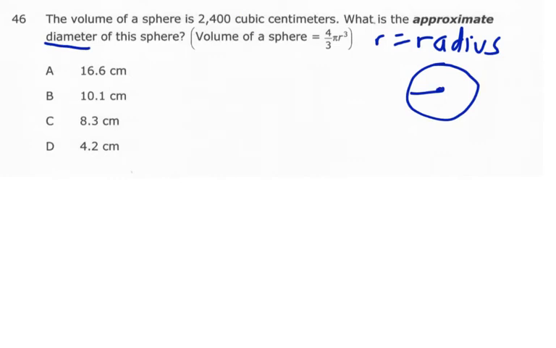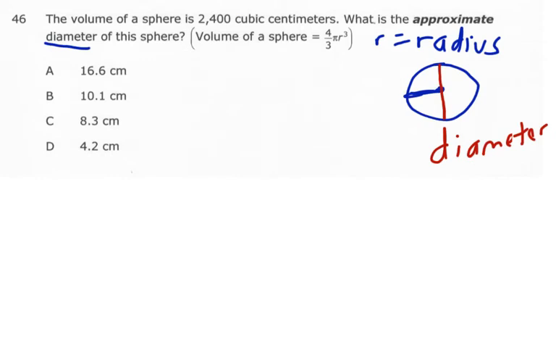That distance halfway from the center to the outside is going to be called the radius, and the distance all the way through the center is called the diameter. So again, the red line segment represents diameter, and the radius is half of the diameter.